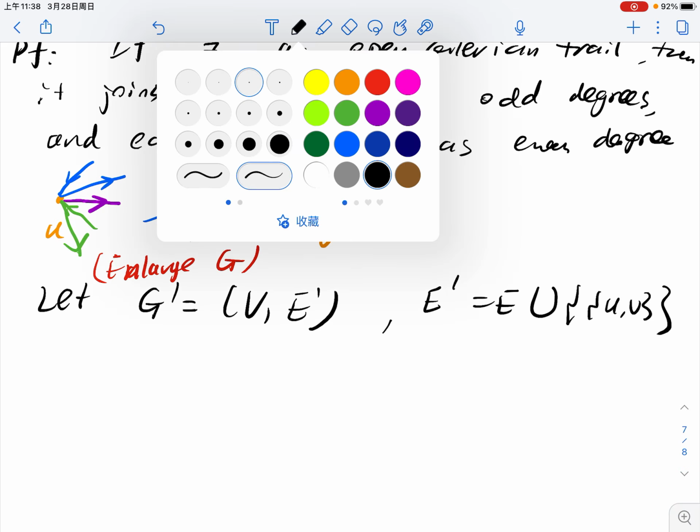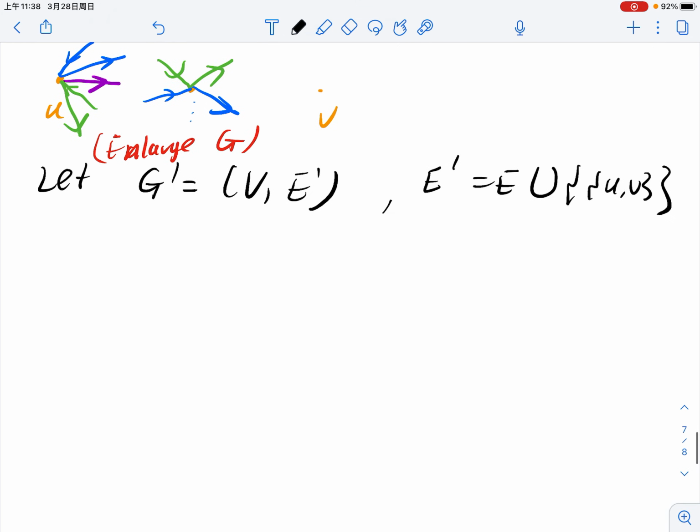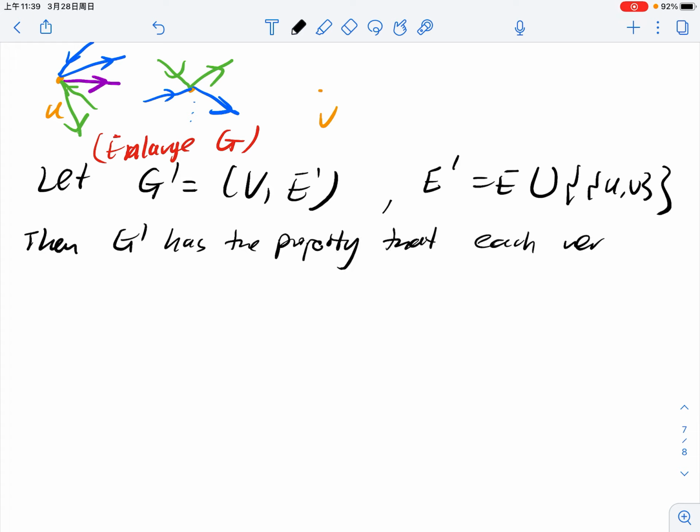Then immediately we can conclude that G prime has the property that each vertex has an even degree.